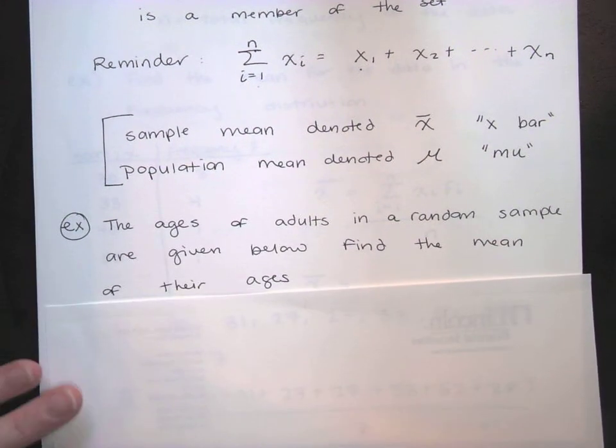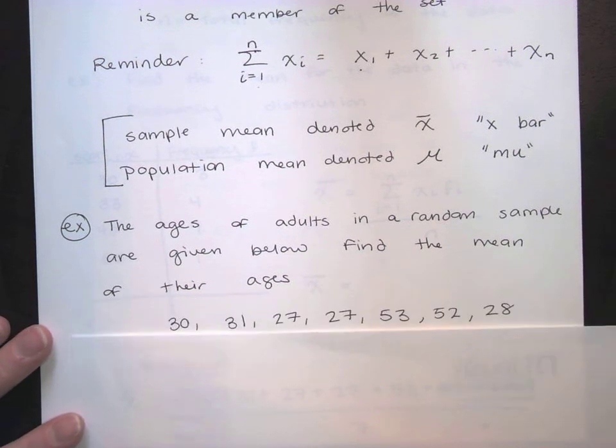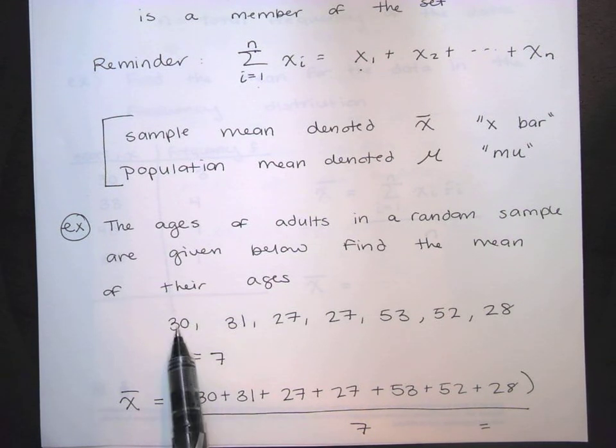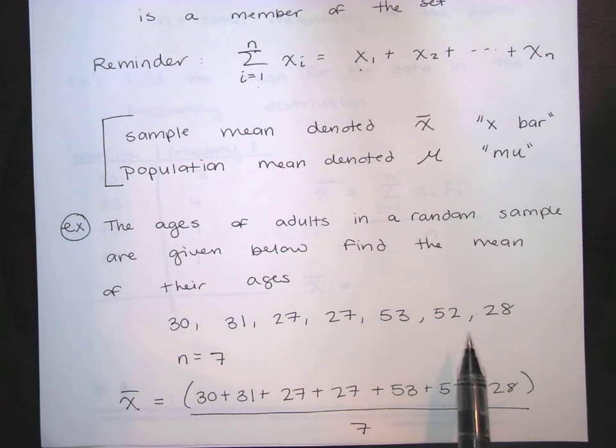So let's do an example. Let's say the ages of adults in a random sample are given below, and we want to find the mean of all their ages. So we've got 1, 2, 3, 4, 5, 6, 7 people, and their ages are given here. So n is 7, so we're going to divide by 7, and then in the numerator, we're just going to add up all of those ages.